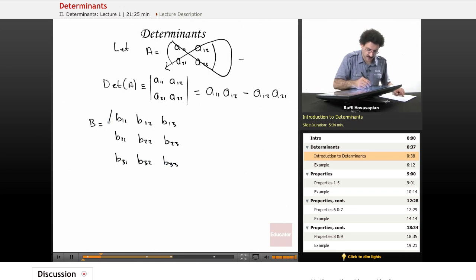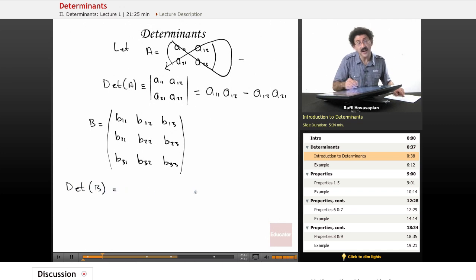Linear algebra is notationally intensive. Okay, now the determinant of B is equal to, okay, I'm going to write it out, and then we'll talk about an actual pattern that you can use.